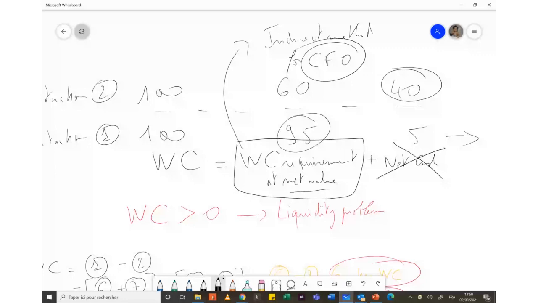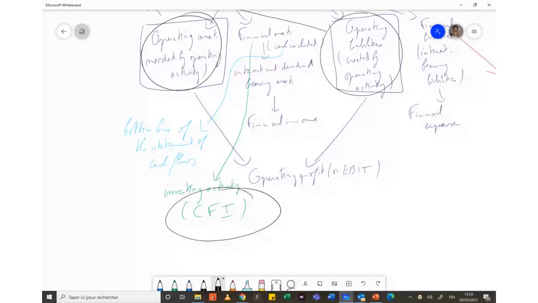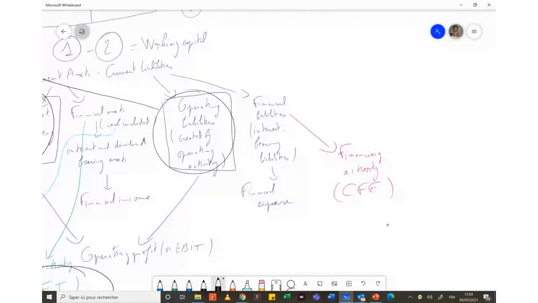Sometimes we see the change in working capital, but in reality, we exclude all the financial assets and financial liabilities, because the financial assets are included in the investing cash flows and the financial liabilities are included in the financing cash flows.